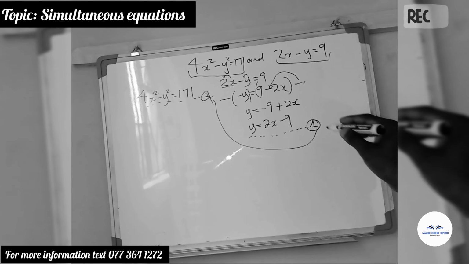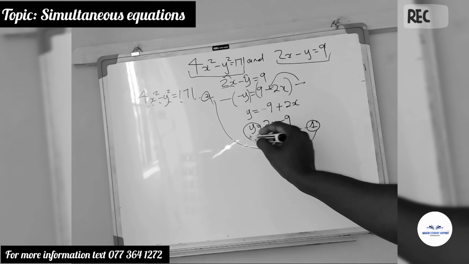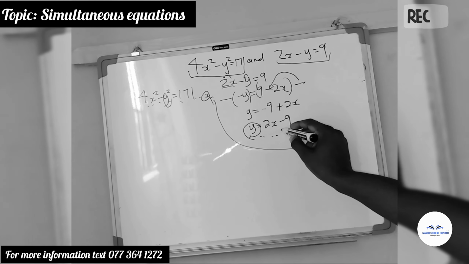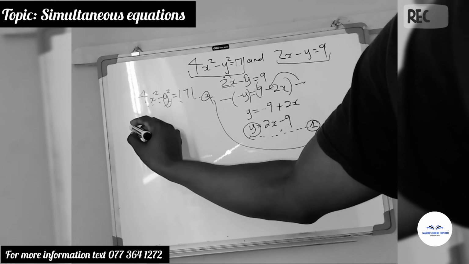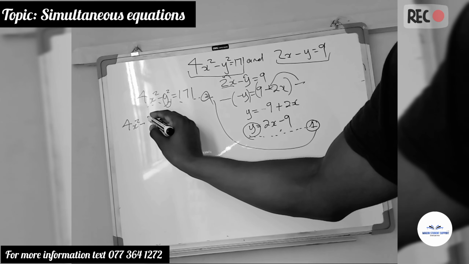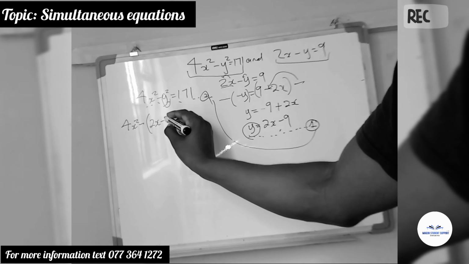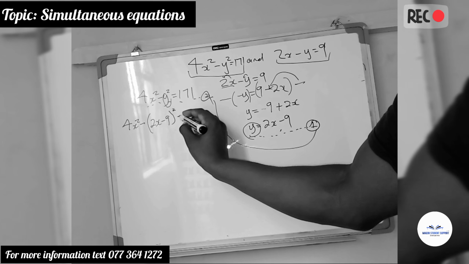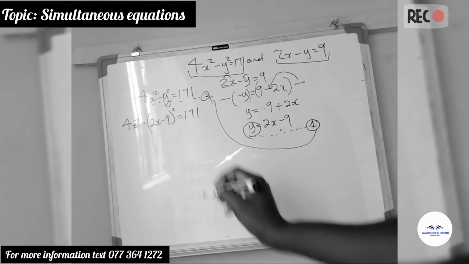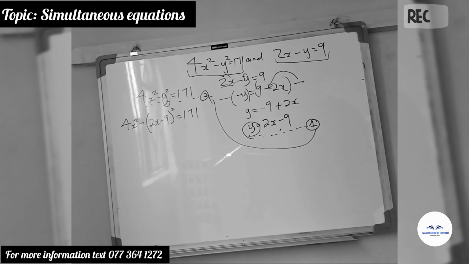In the place of y, we must substitute this one. X doesn't have a placeholder, but in the place of y, we must substitute 2x minus 9, squared, equal to 171. So in the place of y, we substituted.